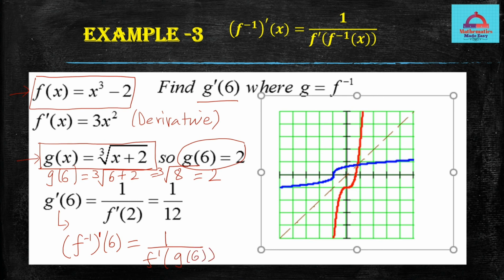So this is how you have applied this important formula, and then you have replaced your f inverse with g and g of 6 with 2. So 1 over f prime of 2. You know f prime is 3x squared. So to get f prime of 2, you just substitute x as 2 and that gives you 1 over 12. So that is your answer.